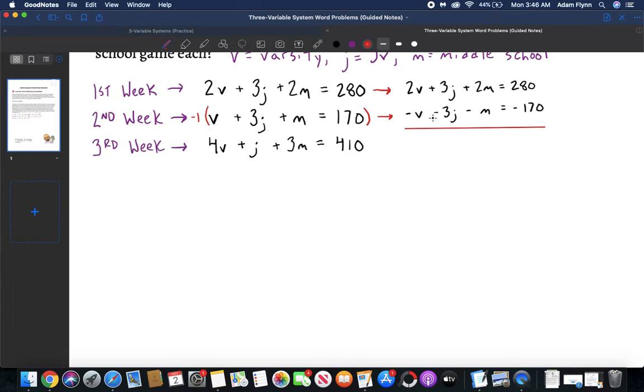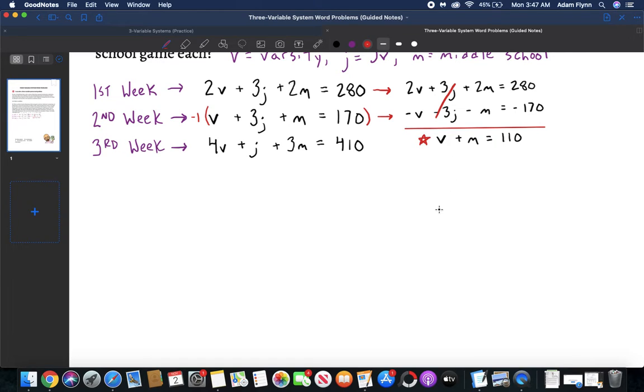When I do that, my j's are going to cancel. So I am left with 2v minus v, which is a positive v, 2m minus m, which is a positive m, and 280 minus 170, which is going to be 110. I'm going to put a star next to this.